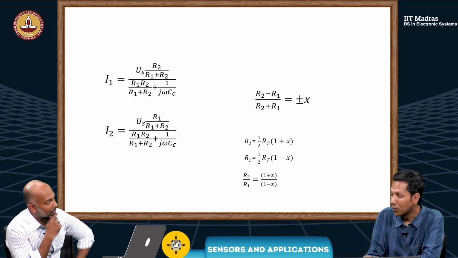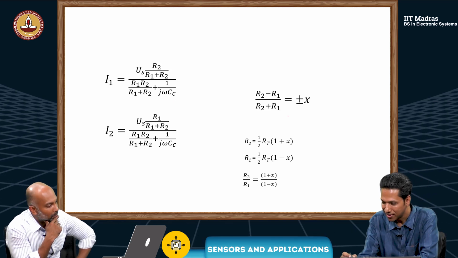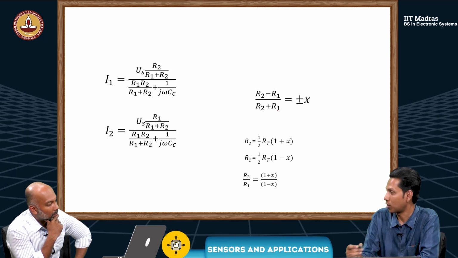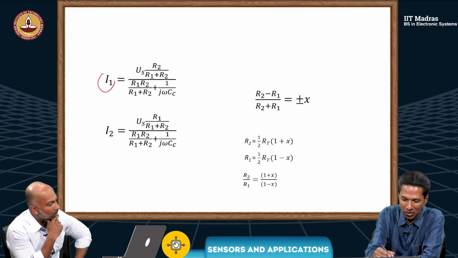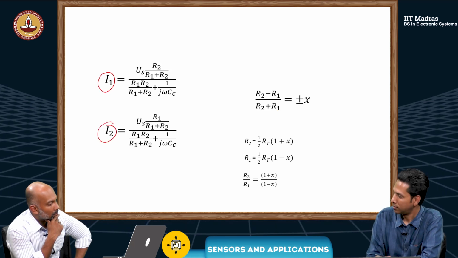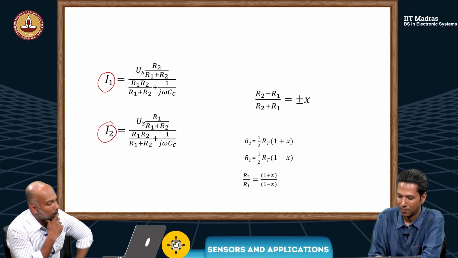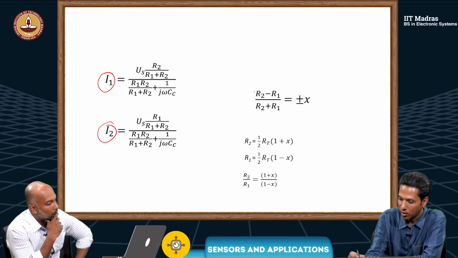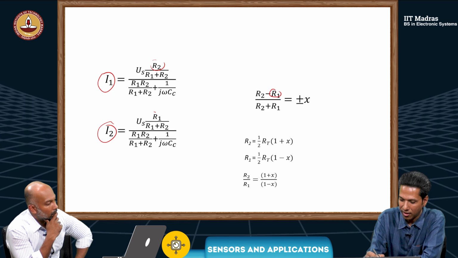But where we started is the ratio between these two. Now we realize, to get X, it's better if we have R2 minus R1 by R1 plus R2. How can I get that from this? I can see R2 here, R1 is there.